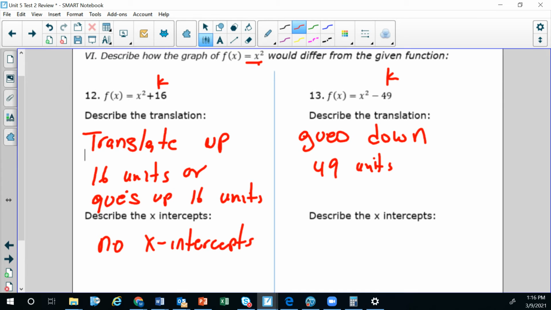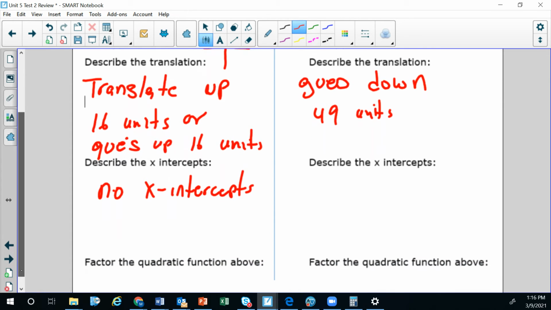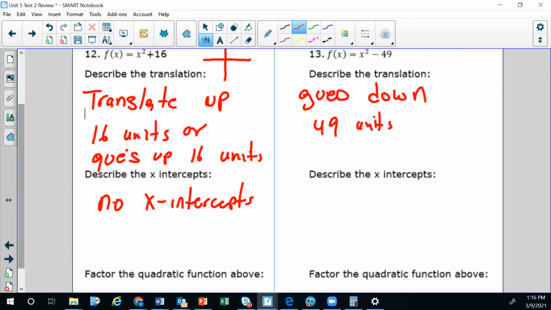You can punch this into your calculator, and it will look something like this, where this is 16 right here. So the graph never crosses the x-axis. There's no solution. All right, let's do 13.